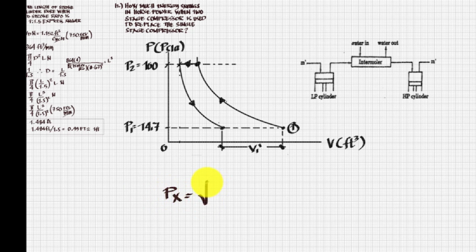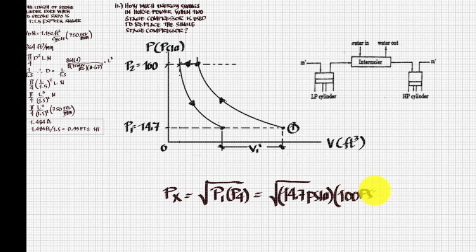So that will be the square root of these two, multiplied by P sub 1 times P sub 4. Okay. Now we have the square root of this one. P sub 1 will be 14.7 psi absolute, multiplied by 100 psi absolute also.